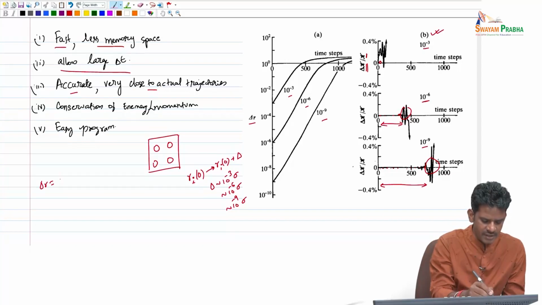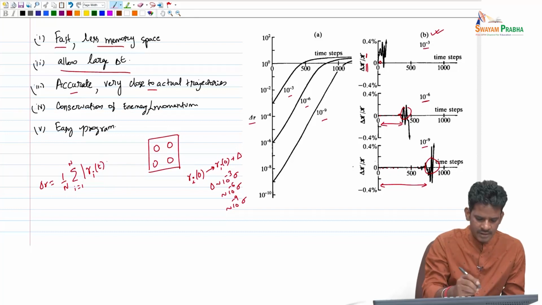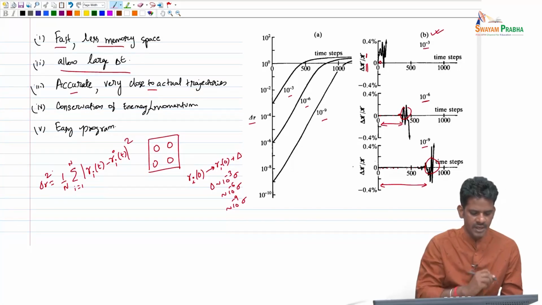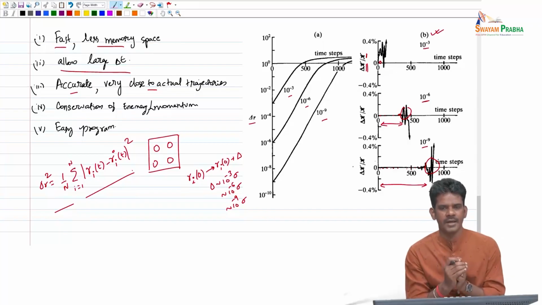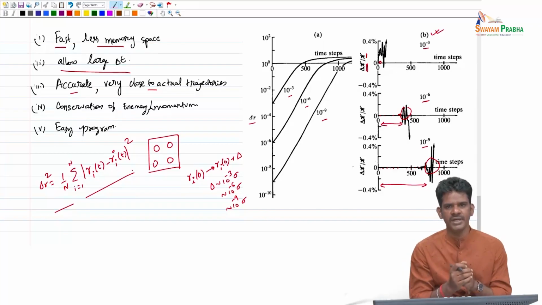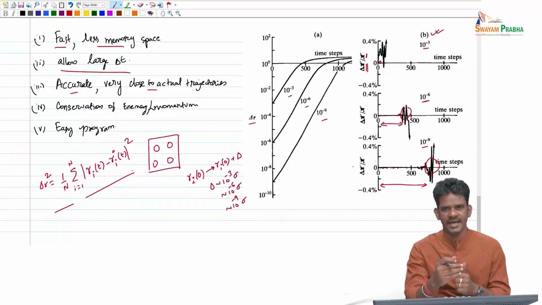is 1 by n sum over all particles. We take the absolute distance between, so we calculate a quantity which tells what is the mean distance between a reference simulation and the actual simulations.